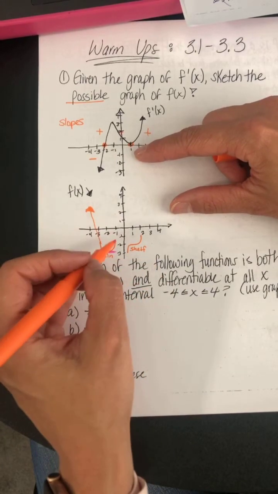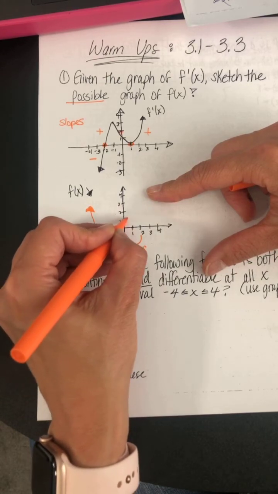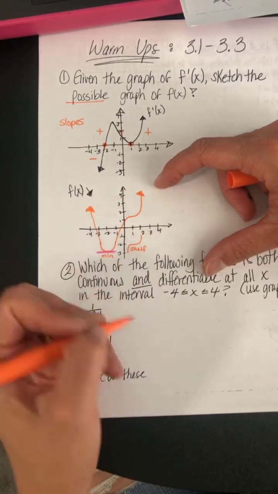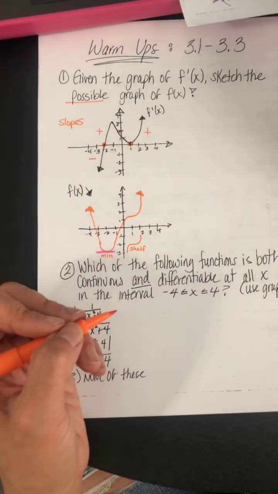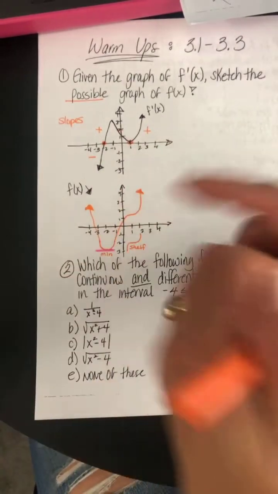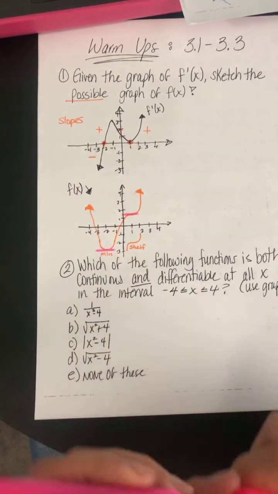Okay, so at this point, I need to show it's increasing, and then I want it to flatten out and make a shelf and then increase. Okay, so it's kind of up to you how you decide to make that happen. Okay, but we want the shelf to only be right there, and it is at an x value of 1.